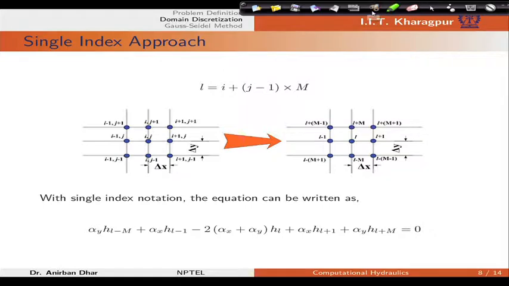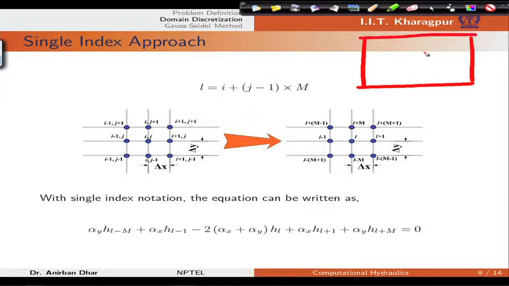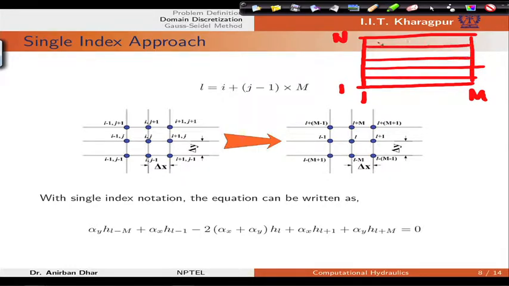If we start from point number 1 to m, again 1 to m, and point 1 to n with equal spacing of grids, then we can get information about del x and del y.